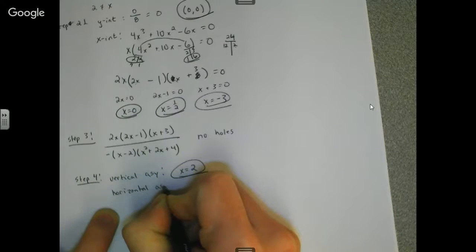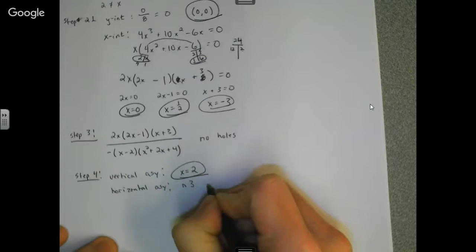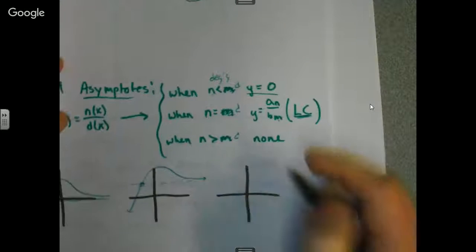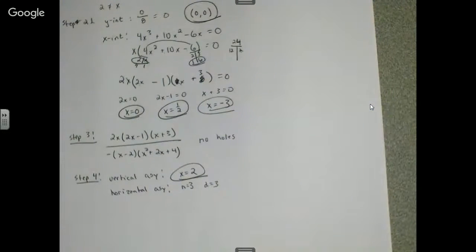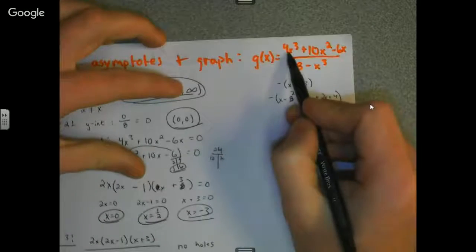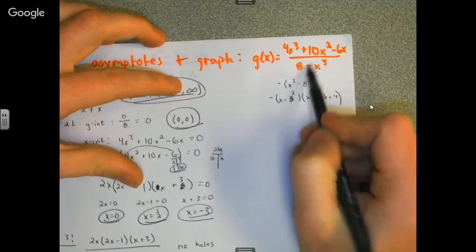Horizontal asymptote: the degree of the top is 3 and the degree of the bottom is 3. So when they are the same, it's your leading coefficients. Now the leading coefficients are 4 and minus 1, because this is your highest exponent.